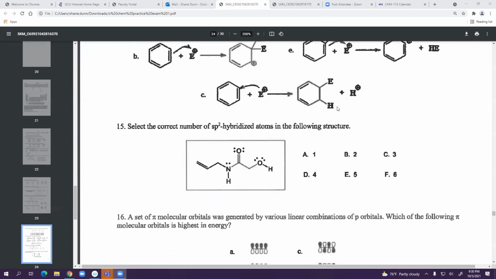How many sp2 hybridizations do I have? I think I have two? You see two? sp2 is when it's bonded to three things. 1, 2, 3, 4. There's one more.